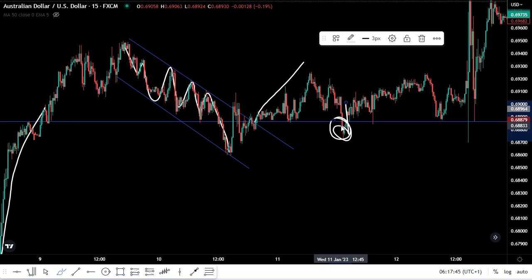So for me, the best time frames for this setup are 15 minutes, 1 hour and 4 hours. In the next video, I'm going to share with you my favorite candlestick pattern and how you can use it to enter your trade on a higher time frame. Even when you are using a very small account, you can actually enter using candlestick on the 4 hours or 1 hour time frame.